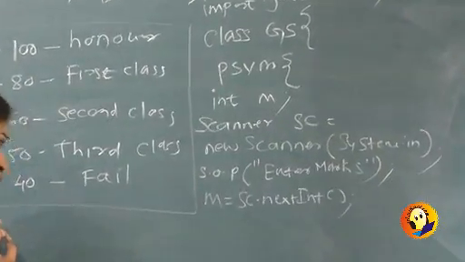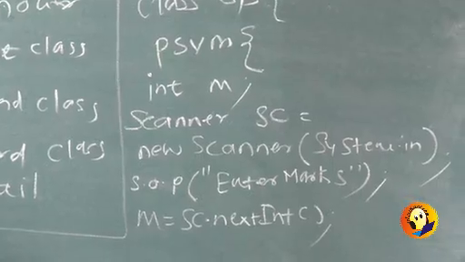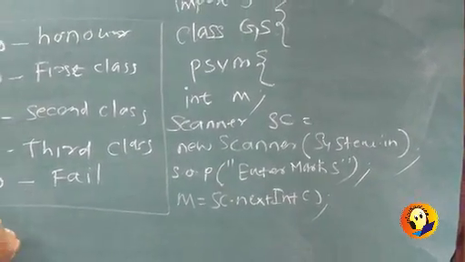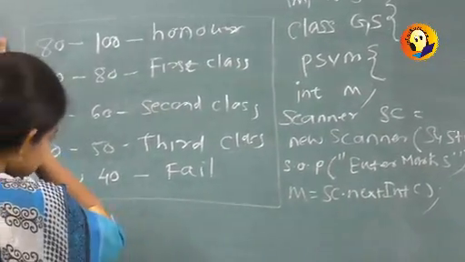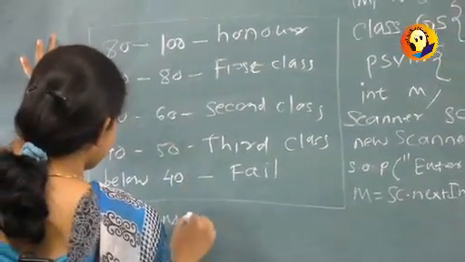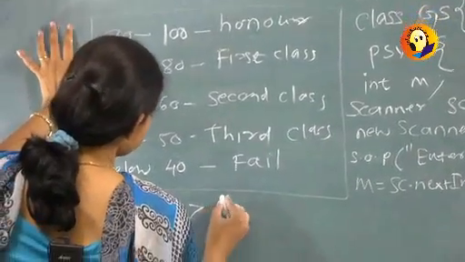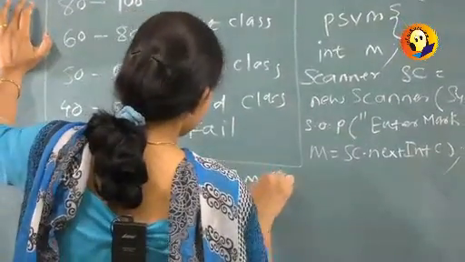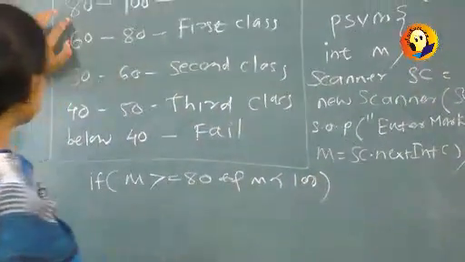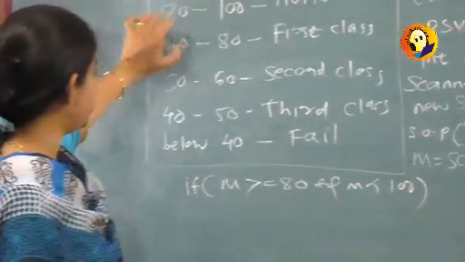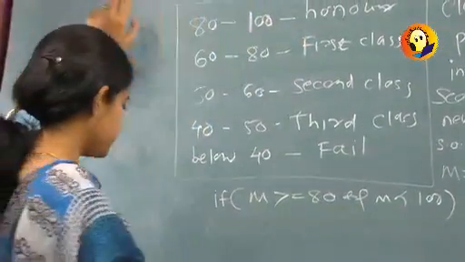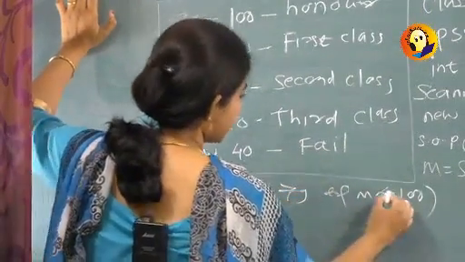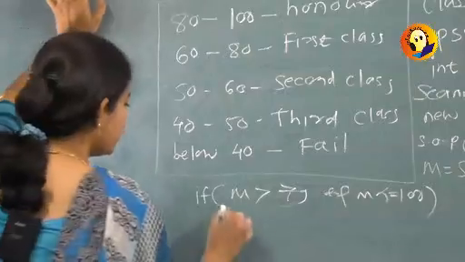After that what you need to do? You need to use the else if ladder. So if m is greater than or equal to 80 and m is less than or equal to 100, then what you need to display?